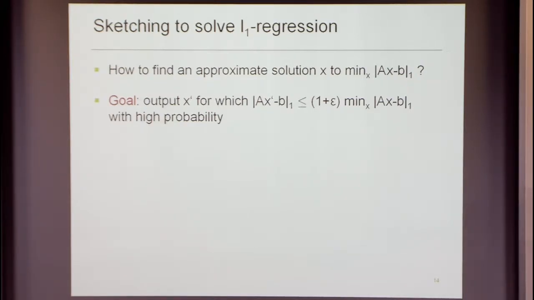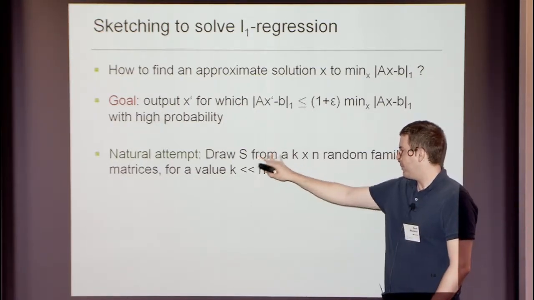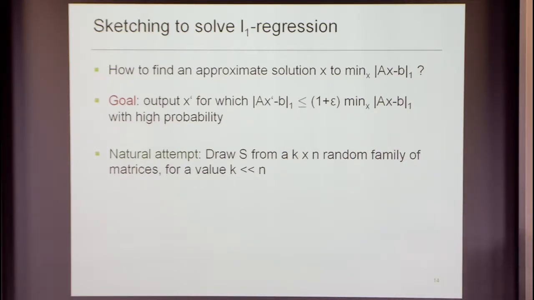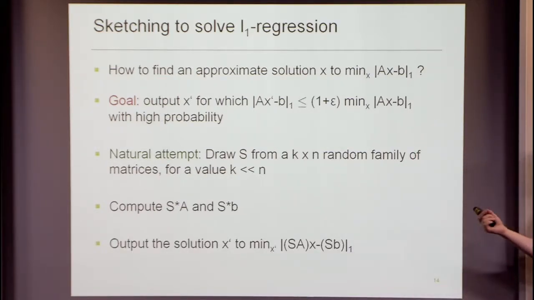So, what would you naturally try to solve this problem? A natural attempt would be to draw a random matrix S from a k by n family of matrices for a small value of k, and try the sketch and solve technique, right? Computing SA, Sb, and outputting the solution in the sketch space. This would be a natural extension.